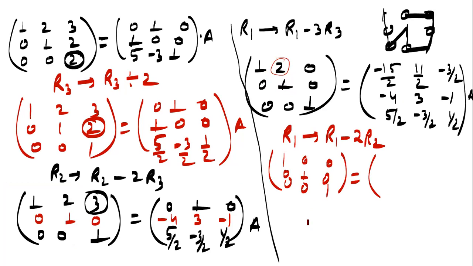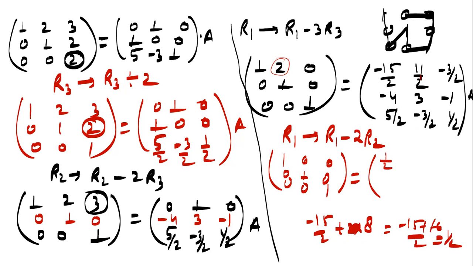R1 minus 15 upon 2 minus 2 into R2. Minus minus will become plus 8. 16 minus 15 plus 8 minus 2 R2. That is minus 15 plus 16 upon 2, that is 1 by 2. It will become 1 by 2.